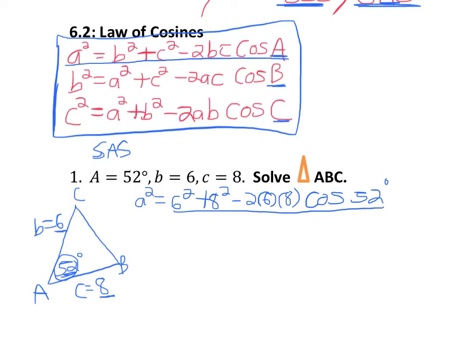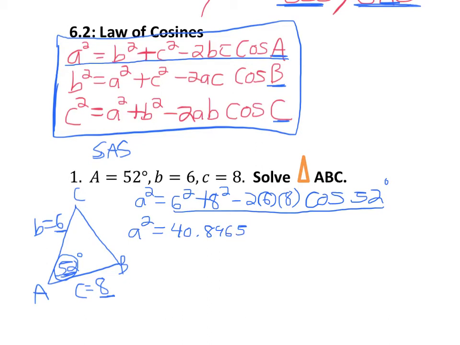So I'm putting in 6 squared plus 8 squared minus 2 times 6 times 8 times the cosine of 52 degrees. Make sure you are in degree mode. When I put that in, I still have a squared, and you get this long ugly decimal, like 40.8965.